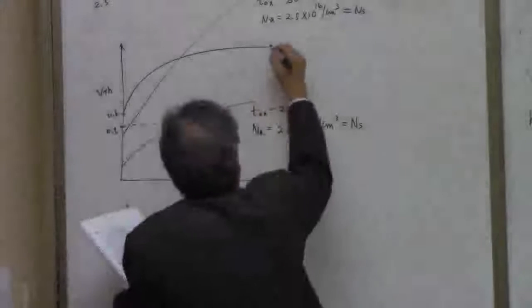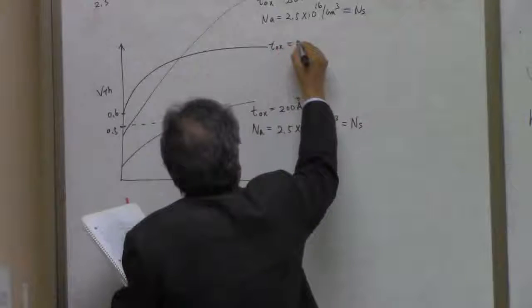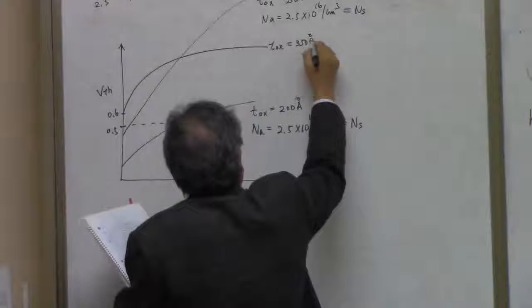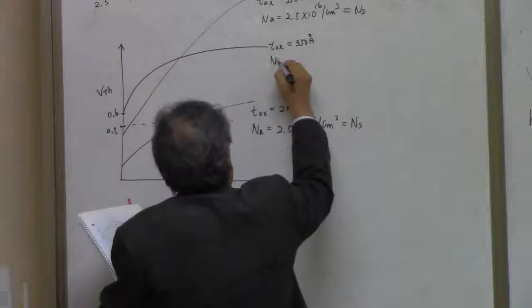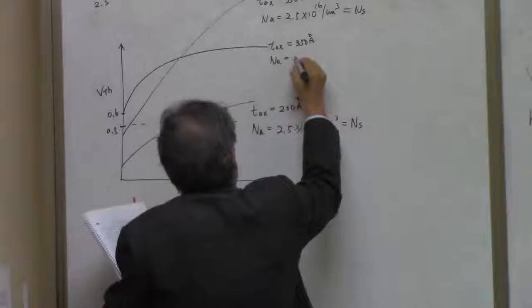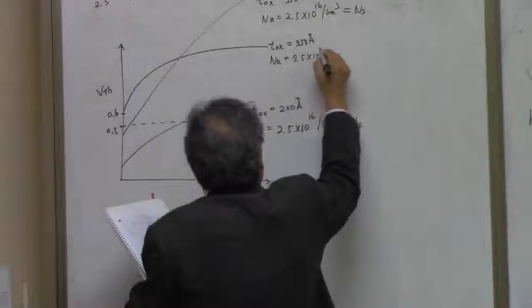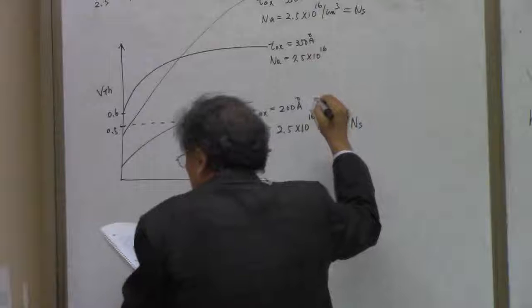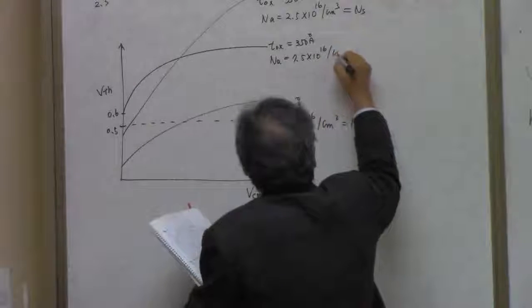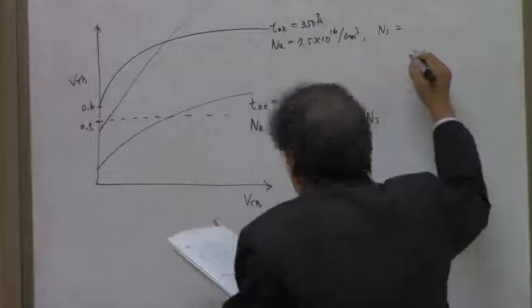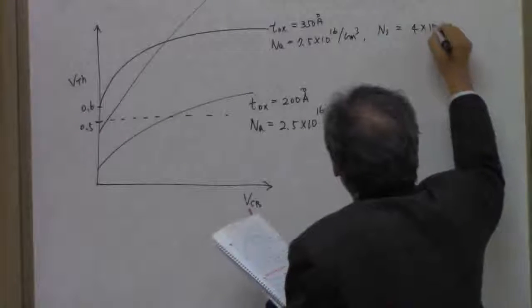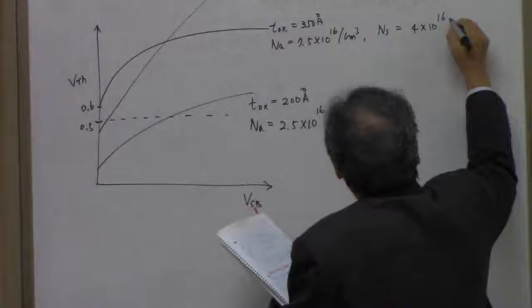And this is the situation where you have the same gate oxide there, and then the doping level is 7.5 times 10 to the 16th. But you are doing the threshold implant so that it is 4 times 10 to the 16th. Okay?